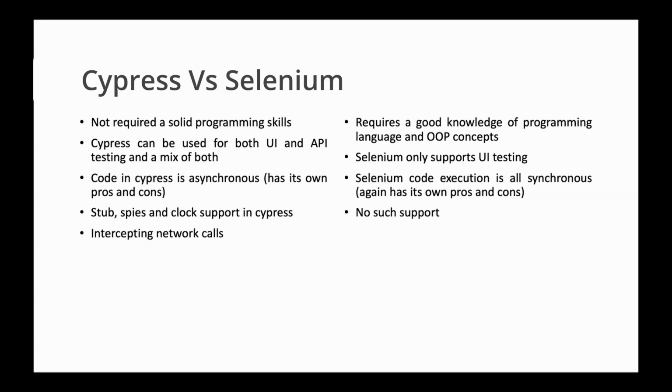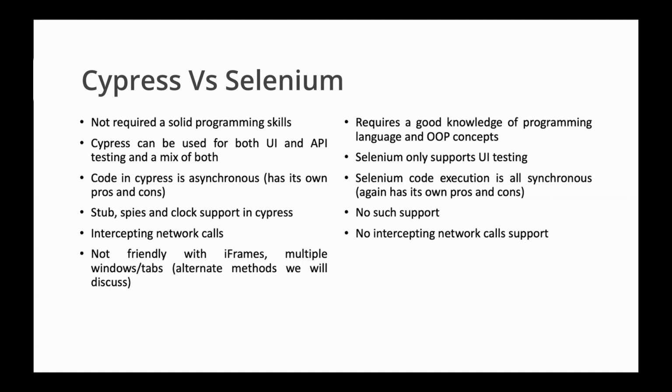Then intercepting network calls, we have talked about it. It can simply intercept the network calls and you can modify the response and the request, whereas there is no such support in Selenium. Now, since Cypress runs inside the same browser under an iframe, iframes, multiple windows and tabs are not so friendly.